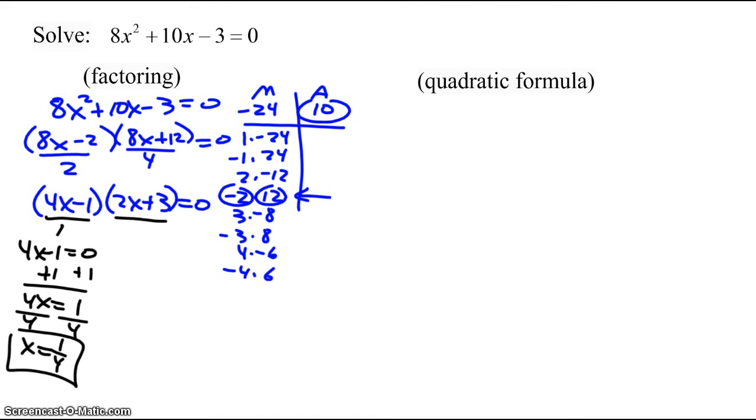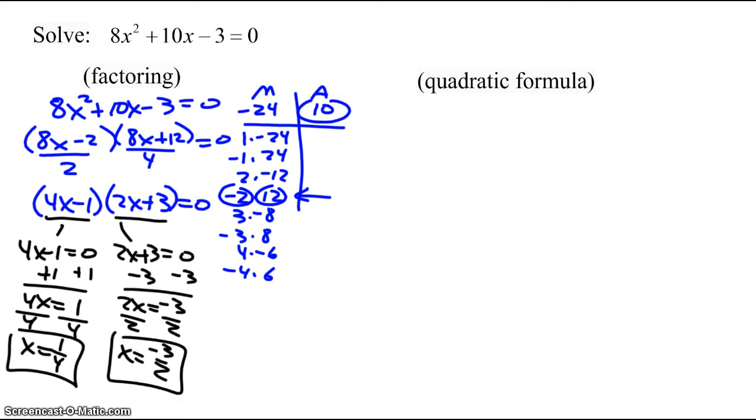The other value will come from setting the other factor equal to 0. So this procedure works even when the numbers are not integers, where they're fractions. In this case, both of the solutions are fractions. X could be 1/4, or x could be negative 3/2. Okay, so that's how we would solve with factoring.